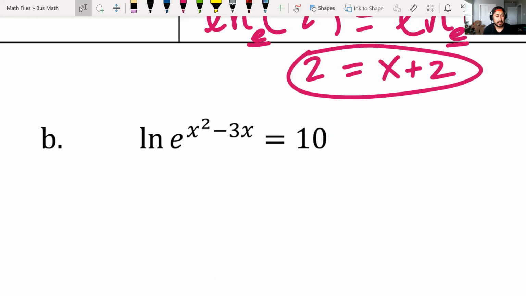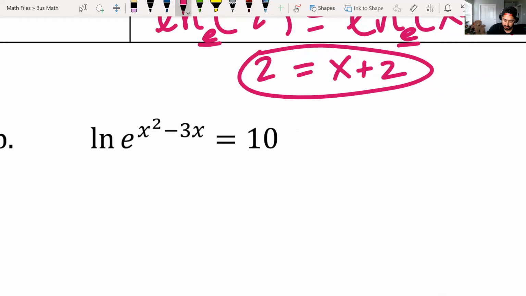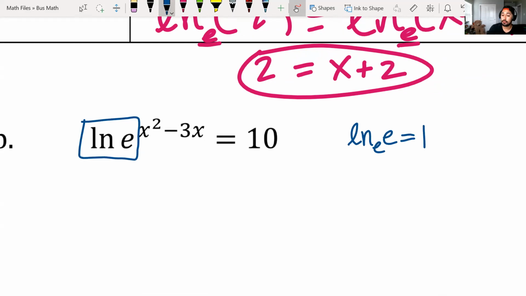So now you have natural log of e raised to the x squared minus 3x equal to 10. Well, we can use a property that we learned on the other page. Remember that natural log base e of e is equal to 1.